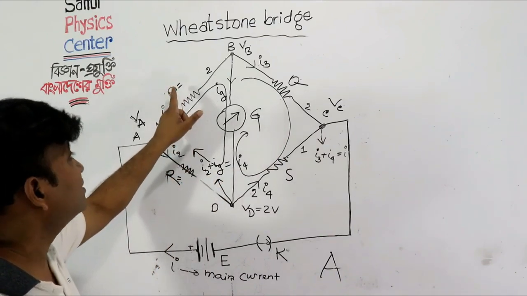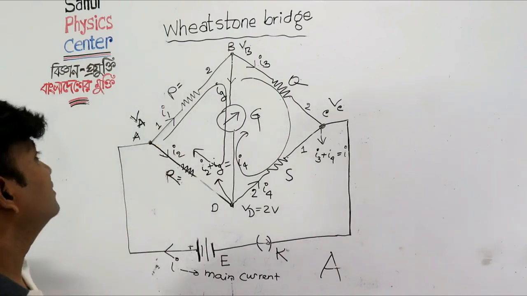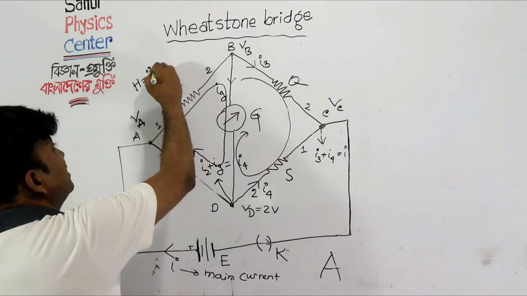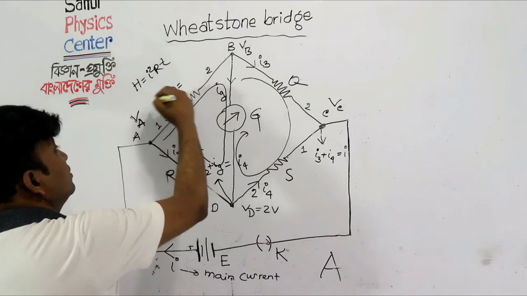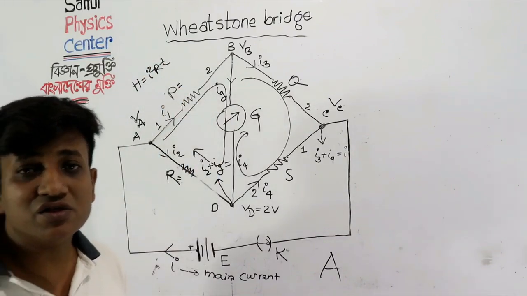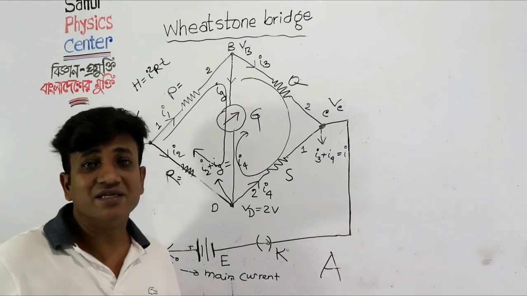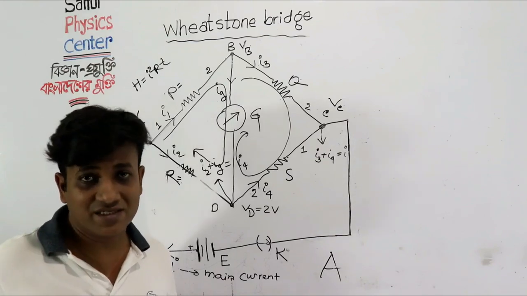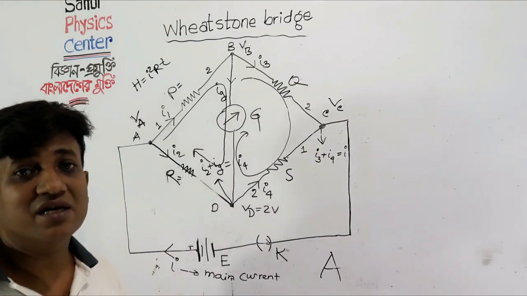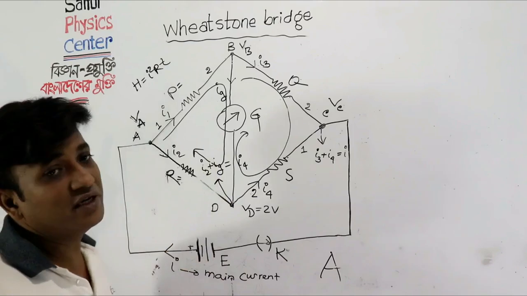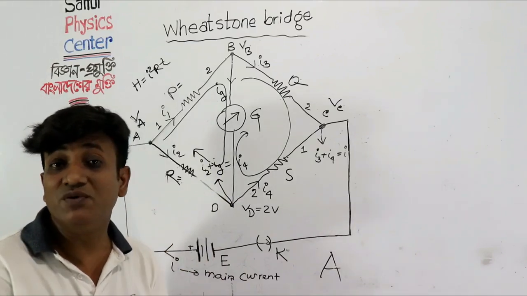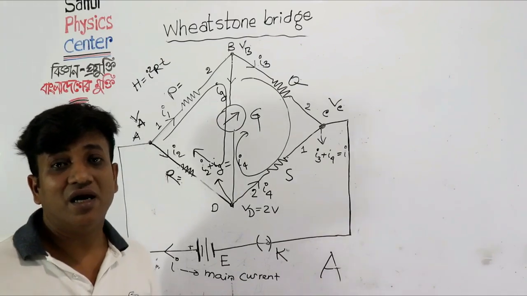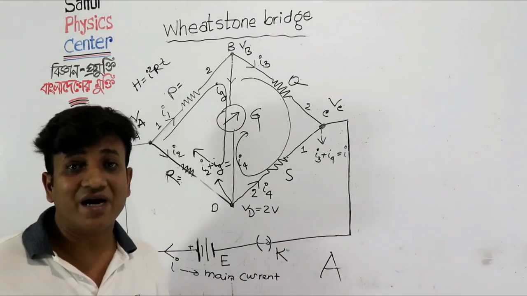And you know the produced heat is H equals I squared R T. And you also know if heat increases, then the value of resistance also increases. As a result, due to the change in the values of resistances P, Q, R, S, the balance condition will be incorrect.